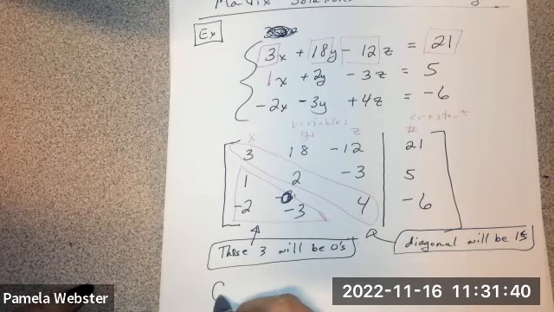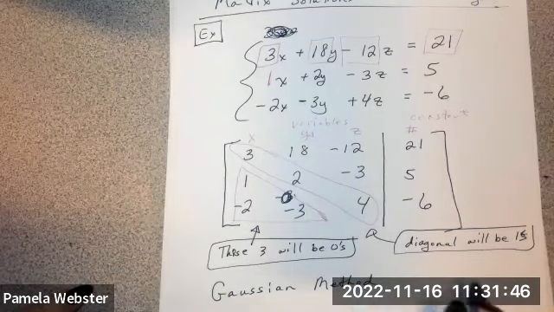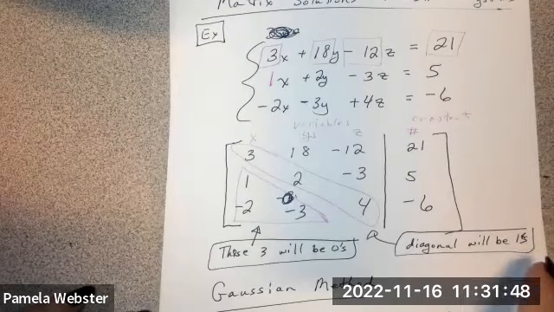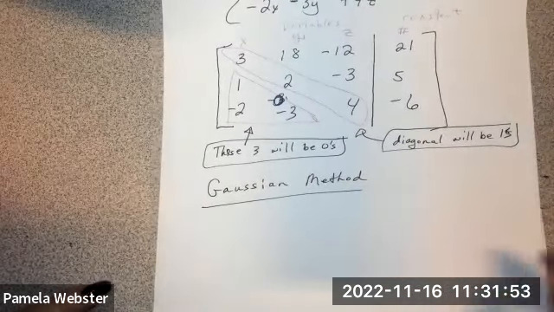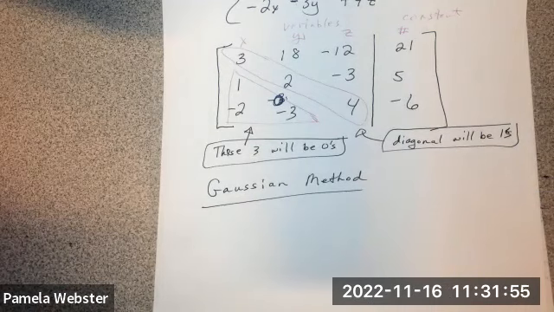That's called the Gaussian method, G-A-U-S-S-I-A-N method. And Gauss was a very famous mathematician back in the 1700s. So it's been quite a while for him. Okay, he lives on today. Gaussian method. So we're going to do that.